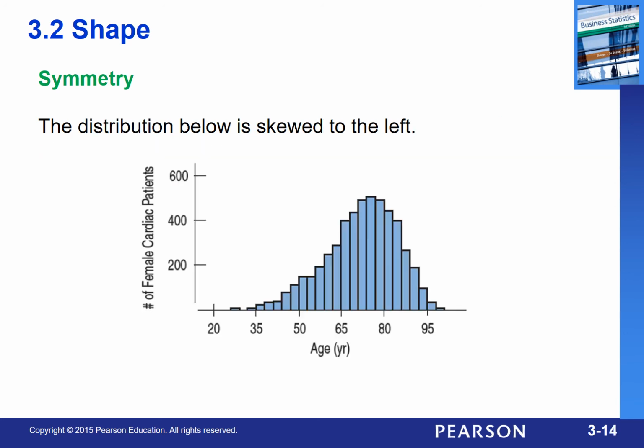The other type of skew is what's called skew left. So here I have the age of cardiac patients. I'm sorry, healthcare data is really easy to come across, so if you're not into healthcare, this is probably really boring for you. So again, I'm going to draw my dinosaur head over here because that's where his back is, and then here's the tail. So since the tail is pointing to the left, this is a skewed left. So there's two types of skews, and then there's symmetric.